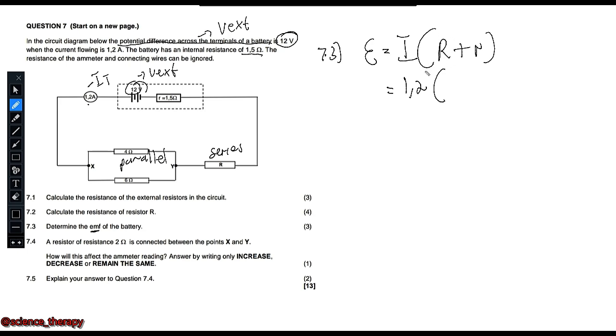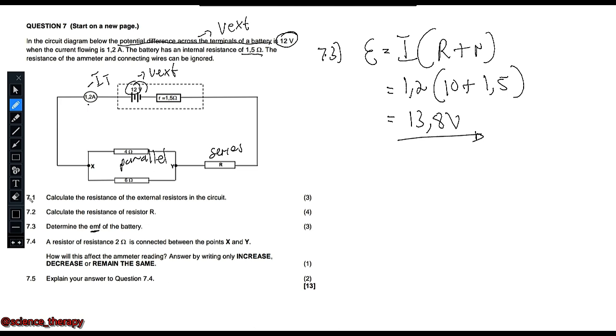Then this R here is the R external, which we calculated in 7.1 as 10, plus the r internal, 1.5. Now all you do is grab your calculator and punch all of this in. Then you get 13.8 volts. It was a pretty interesting question.